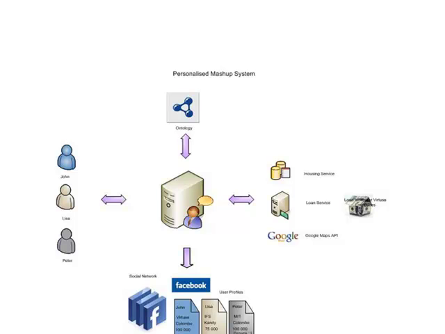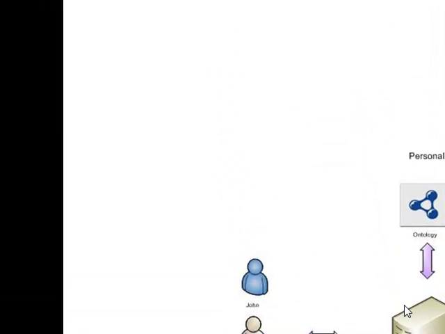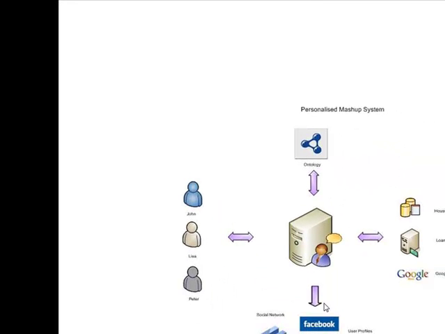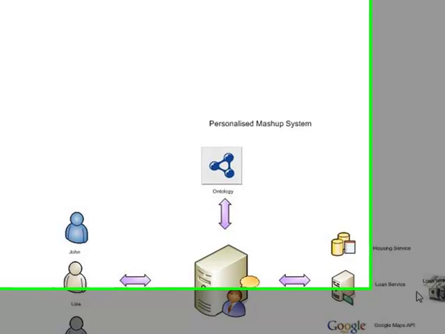Basically, the mashup system connects to Facebook and obtains user information from the Facebook profile, and based on this obtained user information, it understands indirect and direct user preferences, and based on these understood user preferences, it obtains personalized housing information and personalized information from its external resources.